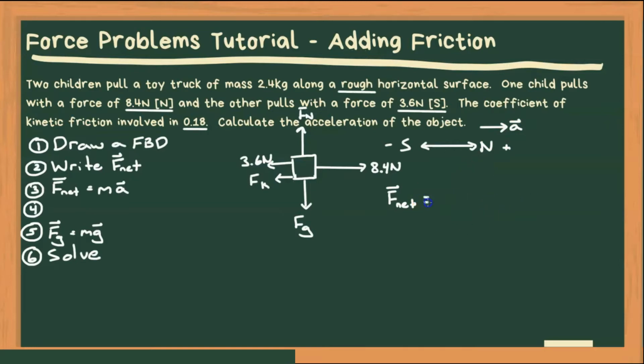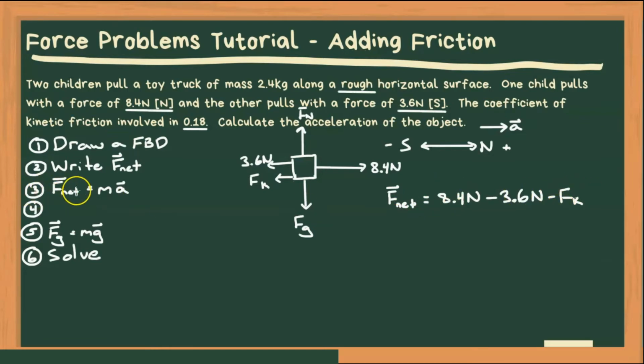Alright, so in our horizontal forces, we'll have 8.4 newtons, and that's to the right. And then 3.6 newtons to the left, which is south. That's our negative direction, so minus 3.6 newtons. And then we have minus Fk. So there's our net force. Alright, and that's step 2.